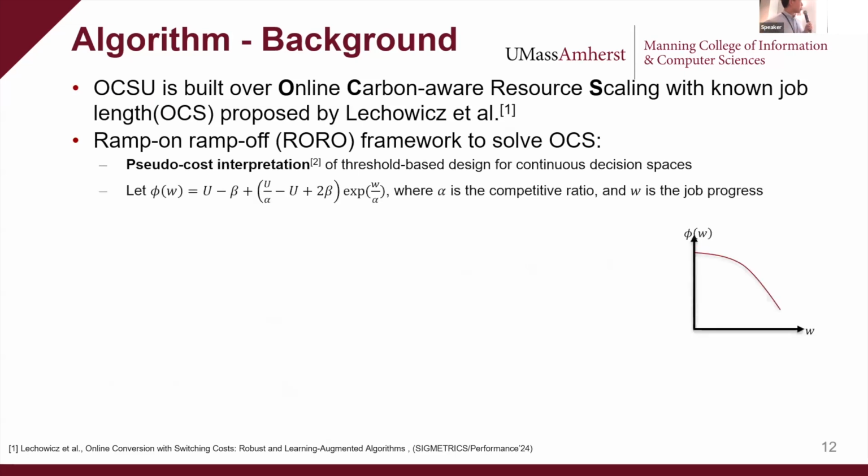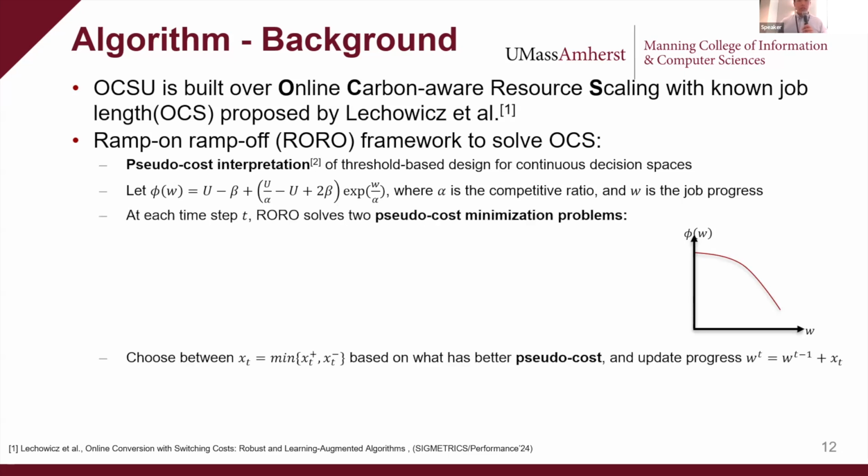So it has this decreasing threshold function phi of w, and this acts as an incentive to prevent the algorithm from waiting too long to run the job. So intuitively, if an algorithm naively minimizes the cost function g at each time step, it will be required to complete the job entirely during a compulsory execution period, and potentially bad for carbon intensity.